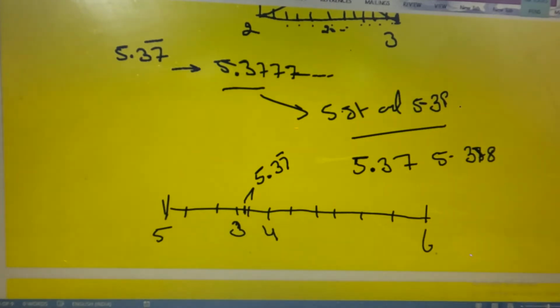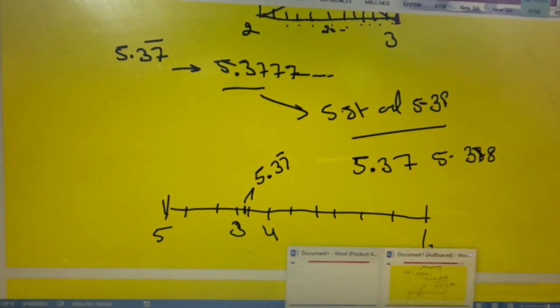To visualize still more accurately, we divide the portion between 5.377 and 5.378 into 10 equal parts and locate 5.37 bar closer to 5.3778 than 5.3777.